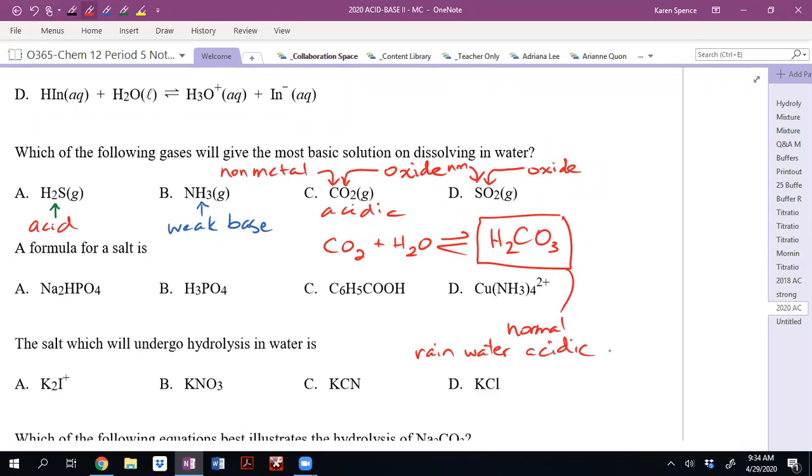Okay, if we have SO2, again, it's going to get together with H2O, and you're going to end up with H2SO3, and that is a stronger acid, and it's going to be a contributor to acid rain.